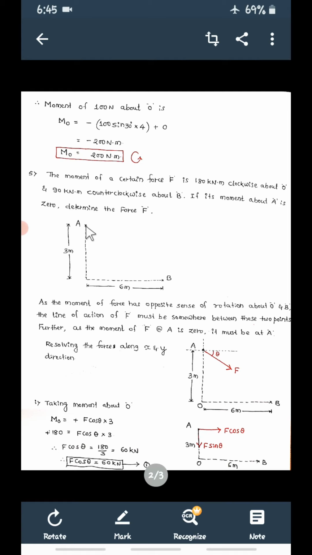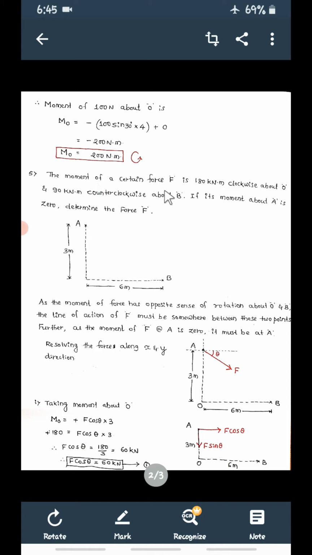So this is point A. Actually, this is point O, and this is B. Now as per the problem, there is a force, we don't know where it is.